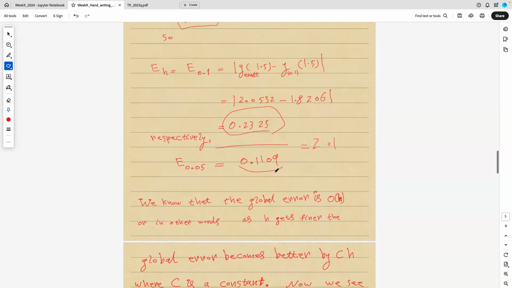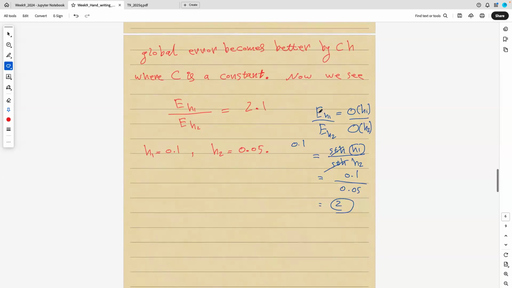The blue things that I have written here are error h1 over error h2. So O(h1) is like C times h1, and the other one is like C2 times h2.